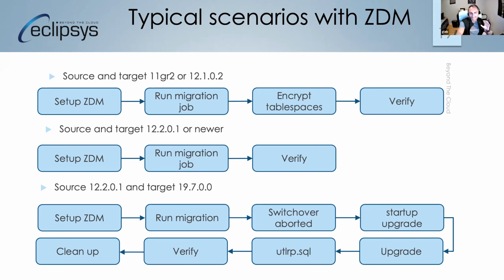So you run the migration, and the switchover will be aborted because it is Data Guard with a different version of database. You start up in upgrade mode, run the upgrade for the database, then run utlrp.sql. And after that, in usually like 95% of cases, everything works fine.